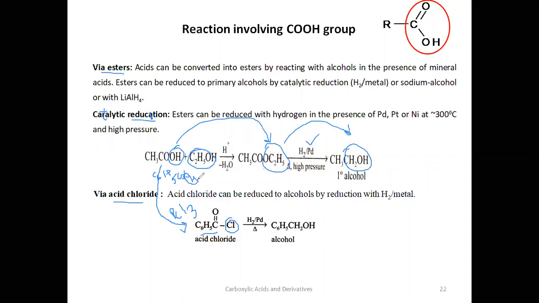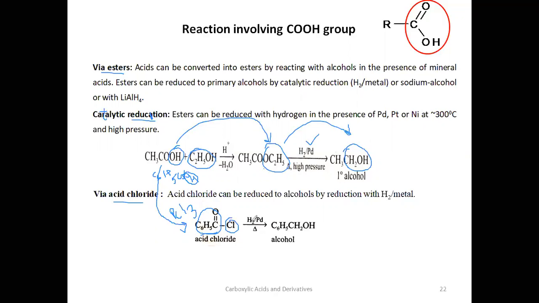When the reagent PCl3 is added to benzoic acid, it will replace this OH with chloride. So this is benzoyl chloride. This is the benzoyl group. After formation of benzoyl chloride, it is an acid halide, or since it is from an acid, an acid chloride.